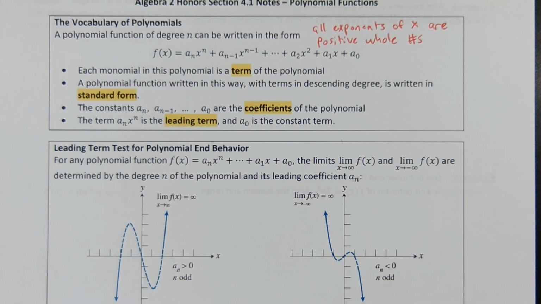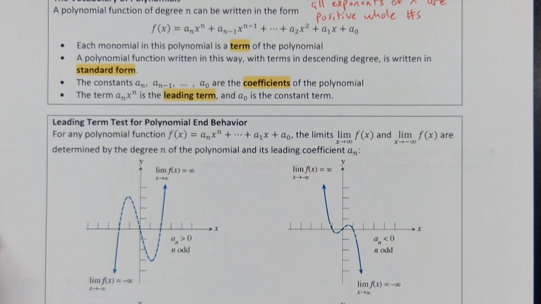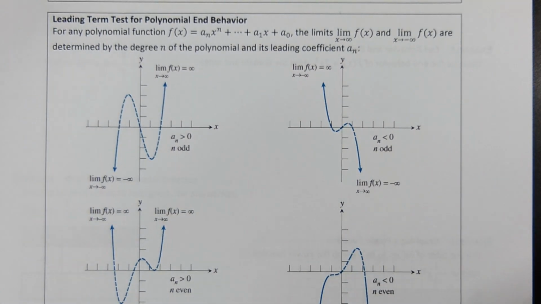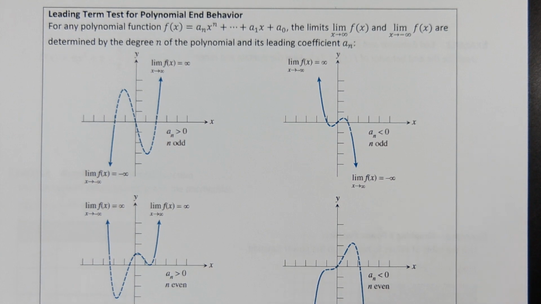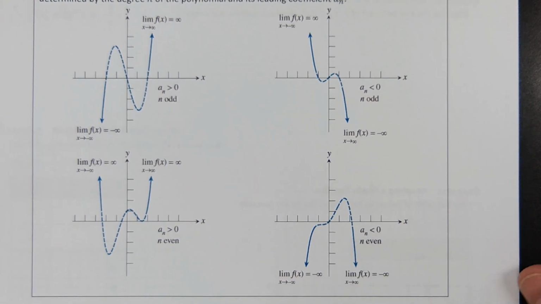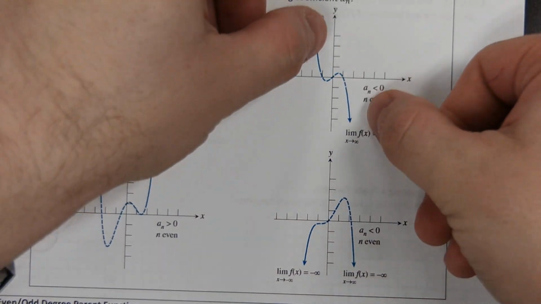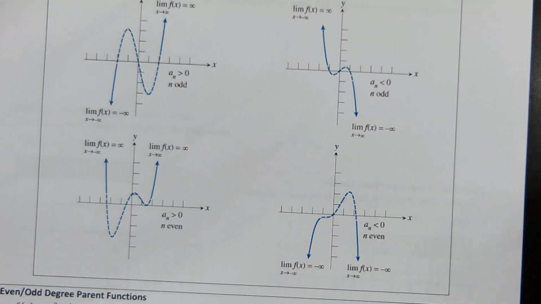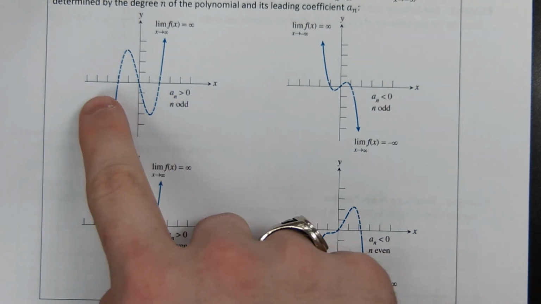Because if you know the degree and you know the leading coefficient, then you can tell me what the end of the function looks like. We call this the end behavior. So you'll notice in these pictures, there's solid lines and there's dotted lines.